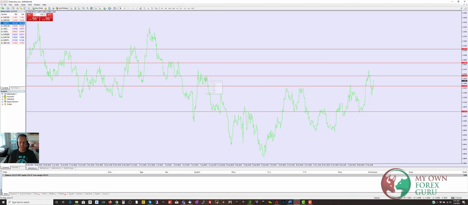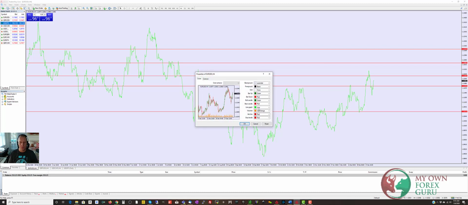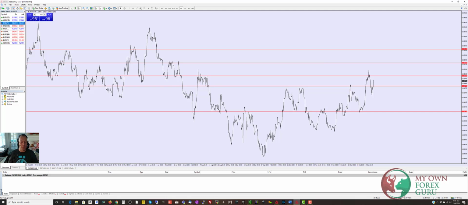It's always good to take a look at this line graph. We'll do black, it'll be easier. As you see these jagged edges, tops and bottoms, those are support and resistance. So you can see here, you have one here, you have one here.